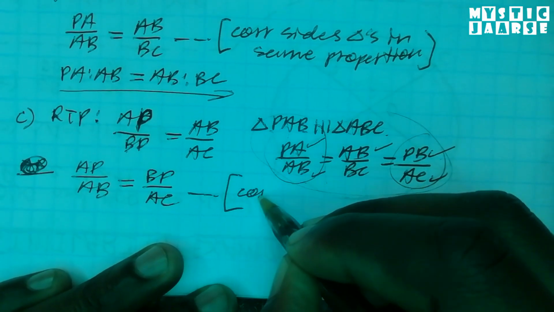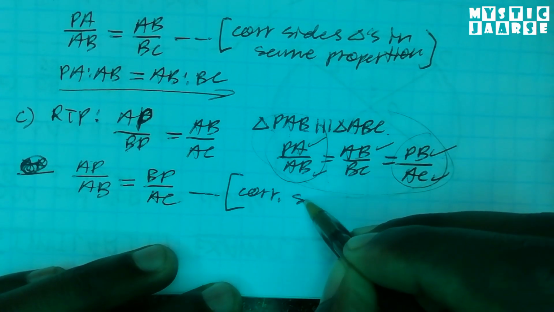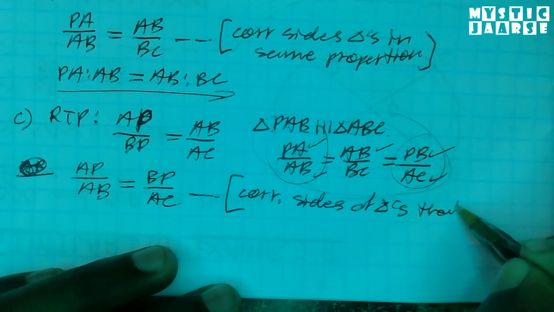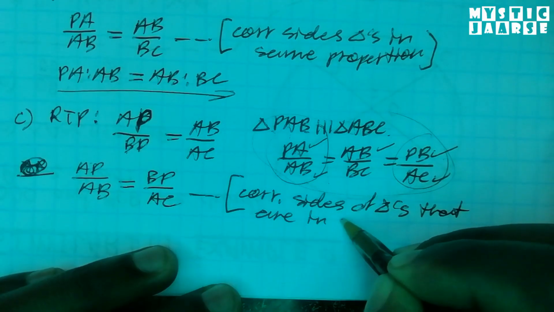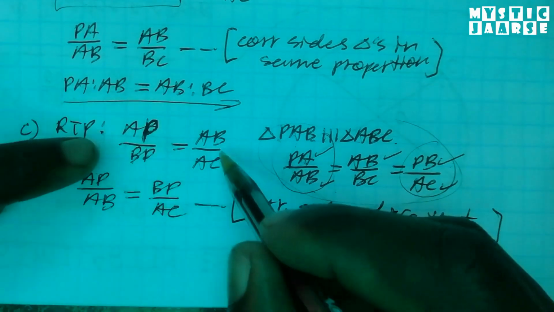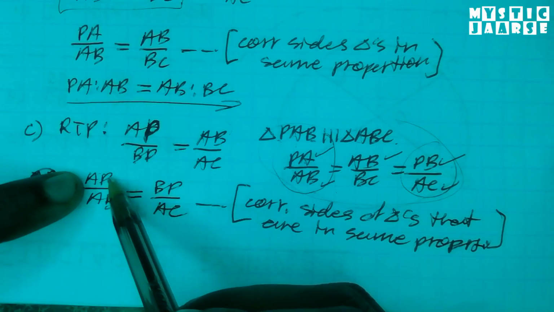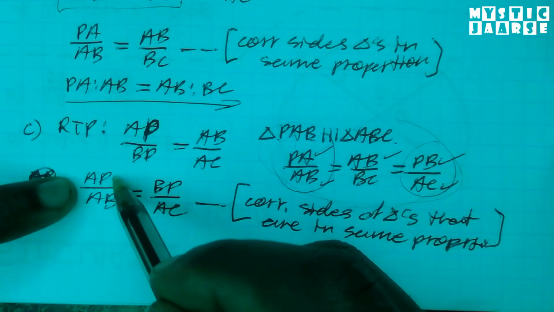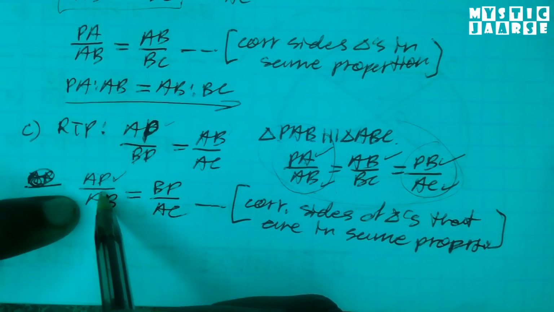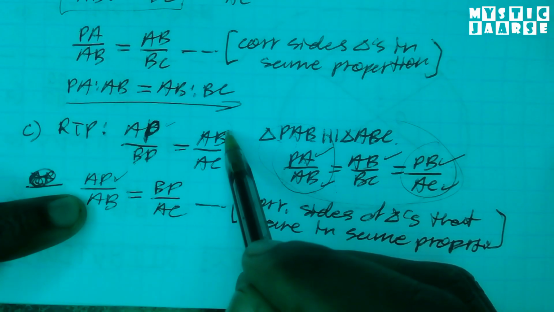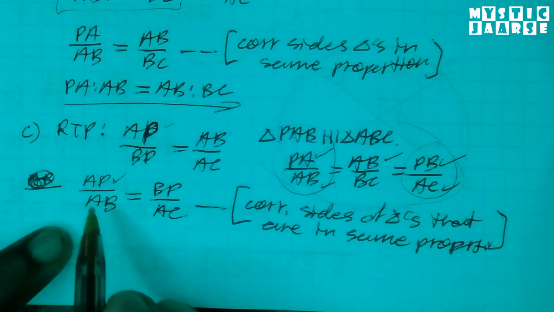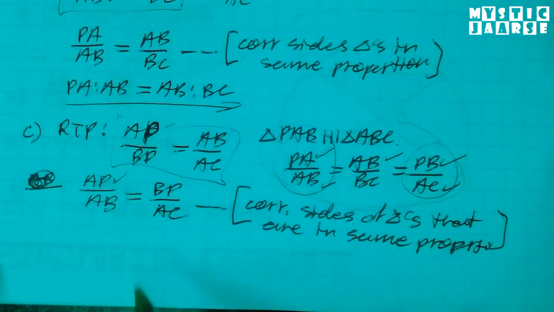So we say these are corresponding sides of our two triangles that are in the same proportion. Now in order for us to prove this, we need to be careful. AP is a numerator, yes, but here AB is a denominator and we need to make it a numerator on this side. So we need to rearrange these sides so that they match up what they asked us to prove.